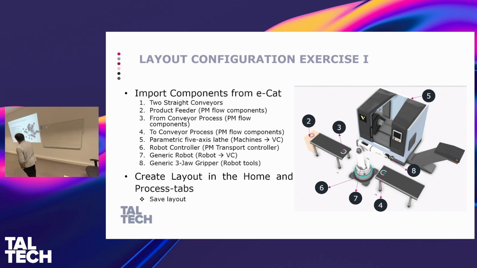Then we can have a parametric 5-axis lathe machine, which we can find in machines, in the e-catalog models by type, and a robot controller, PM transport controller, and the robot that we use, the generic articulated robot from Visual Components, and the gripper also.